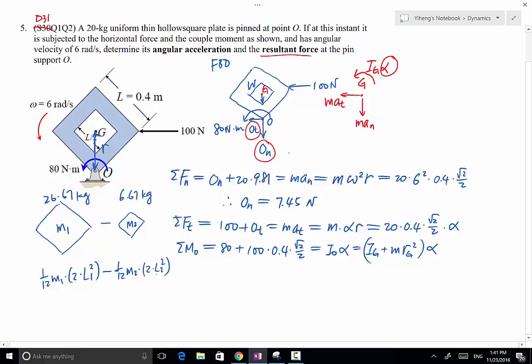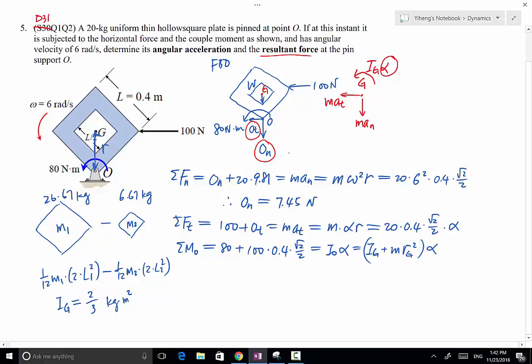So substitute in the values. m1 is 26.67 kilograms. m2 is 6.67 kilograms. L1 is 0.4 meter, and L2 is half of that, 0.2 meter. With all that, we can determine I_G for this hollow square plate equals 2/3 in units of kilogram meter squared.